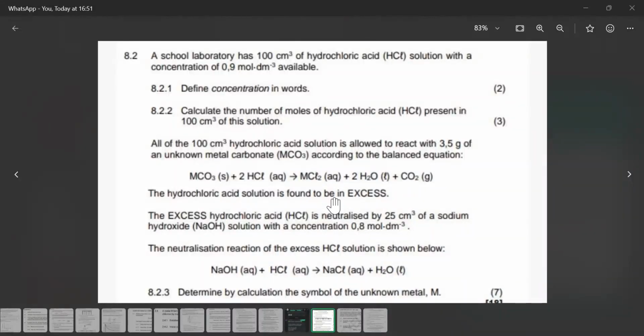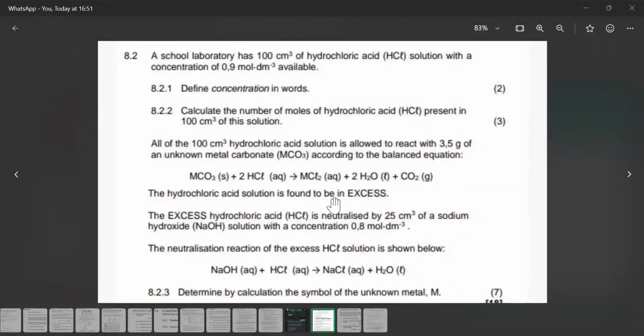So here they say a school laboratory has 100 cubic centimeters of hydrochloric acid solution with a concentration of 0.9 mole per cubic decimeter available. So we are given the volume as well as the concentration, so we can find the number of moles.